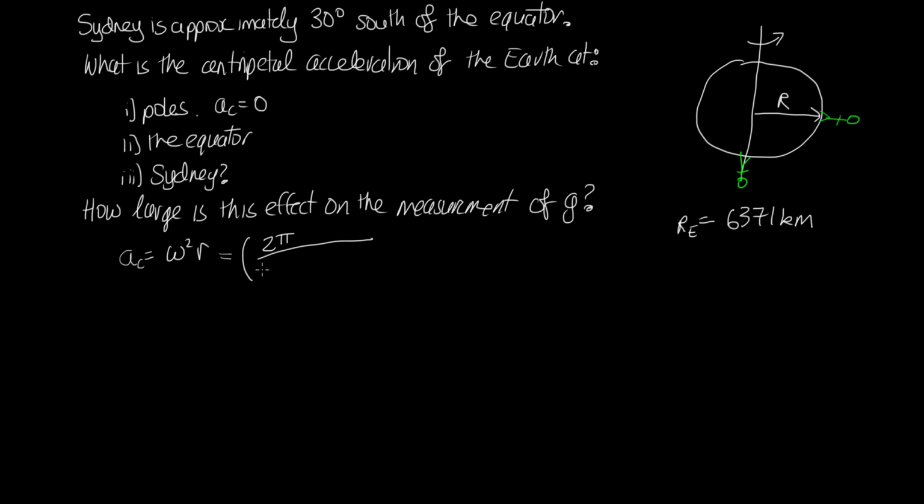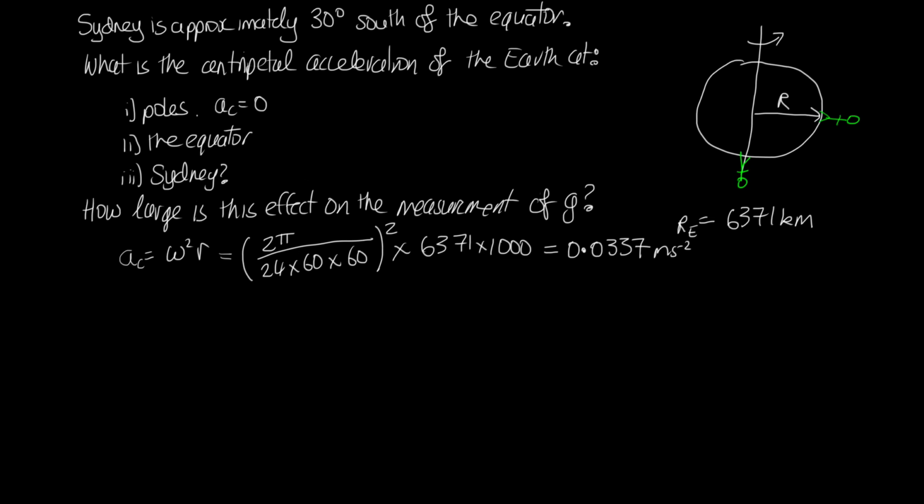In a day, there's 24 hours, and in each hour there's 60 minutes, and in each minute there's 60 seconds. So this is the angular velocity of the Earth, and we can square that. The radius for this path at the equator is 6,371, and then we need to times it by 1,000 to get that into meters. Solving that on the calculator, we end up with 0.0337 meters per second squared, the centripetal acceleration at the equator.